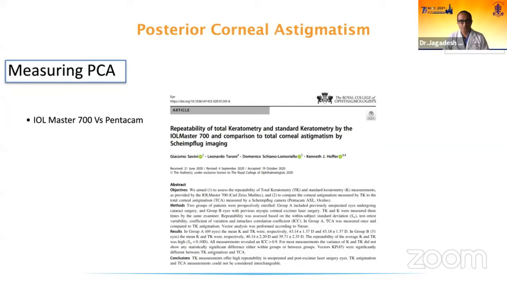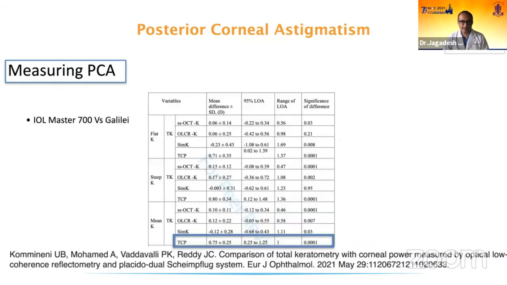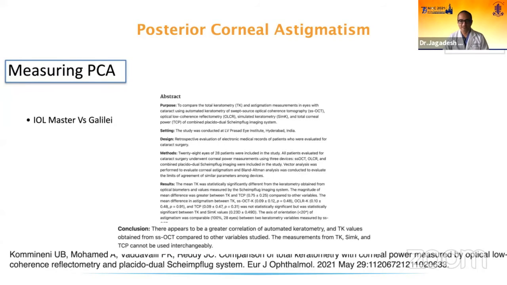They share that the measurements are repeatable, but when you want to interchange these devices, it may not be a good option. Recently, we published a paper comparing the IOL Master 700 and Galilei on the same topic. We saw that total corneal power from the Galilei differed significantly from TK values from the IOL Master 700, and we also suggested that the measurements cannot be used interchangeably.